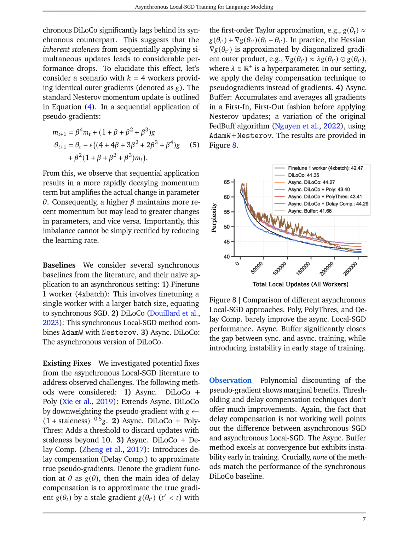Section Summary. In this section, the authors explore various synchronous baselines and their naive application to an asynchronous setting. They also investigate potential fixes from the asynchronous Local-SGD literature, but find that polynomial discounting, thresholding, and delay compensation techniques do not offer significant improvements. The async buffer method shows promise but does not match the performance of the synchronous DiLoCo baseline.